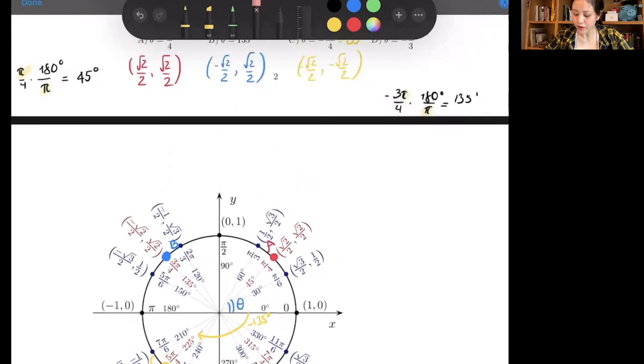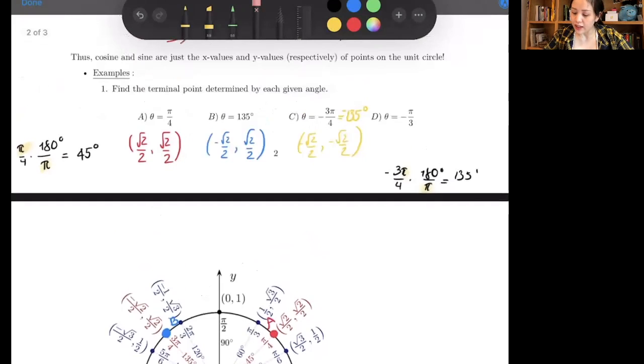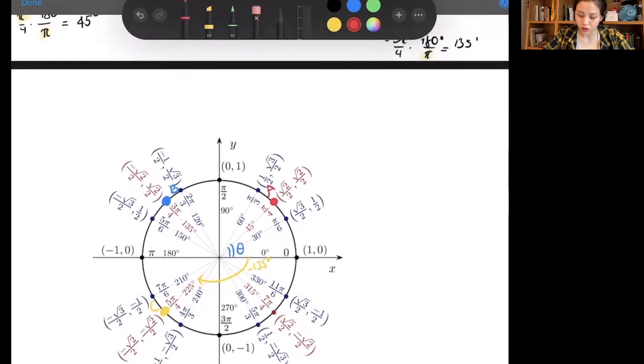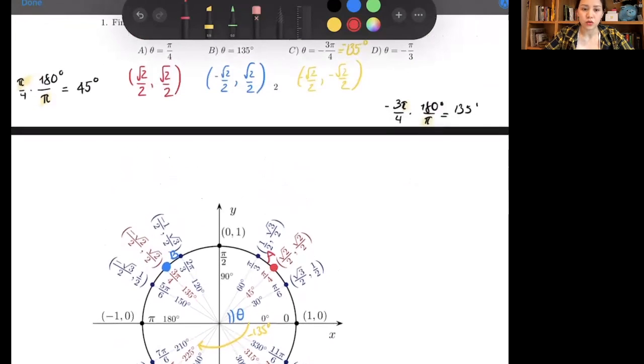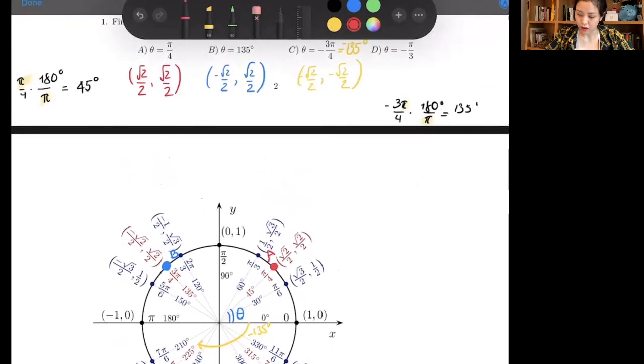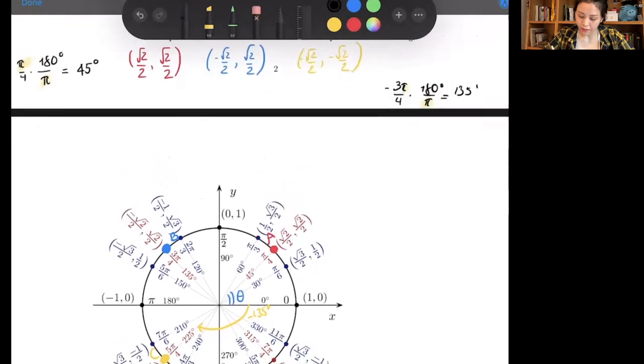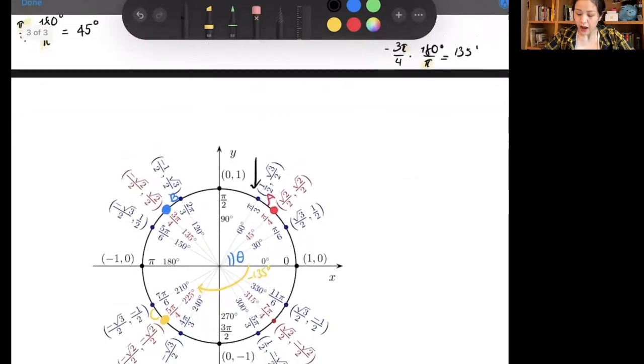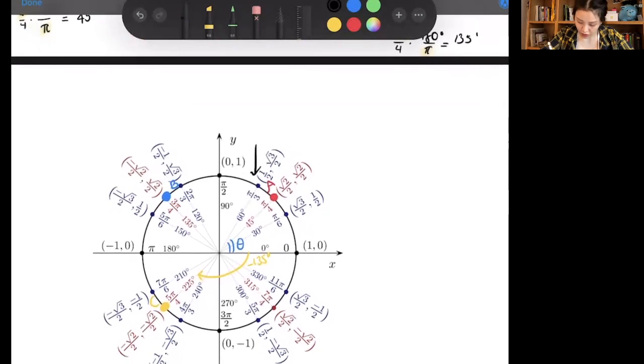Okay, and then the last one, the angle given is negative pi over 3. So we're going to do the projection thing. Pi over 3 is right here. I want negative pi over 3, so we project it down over the x-axis.